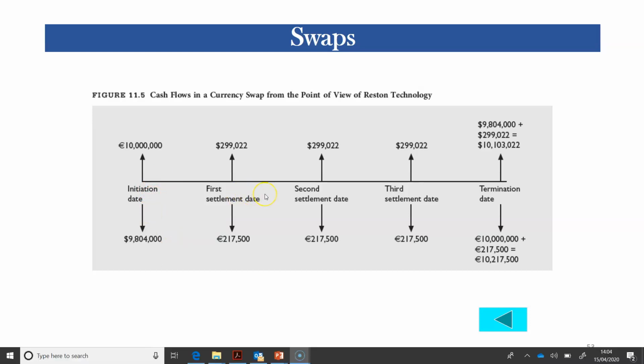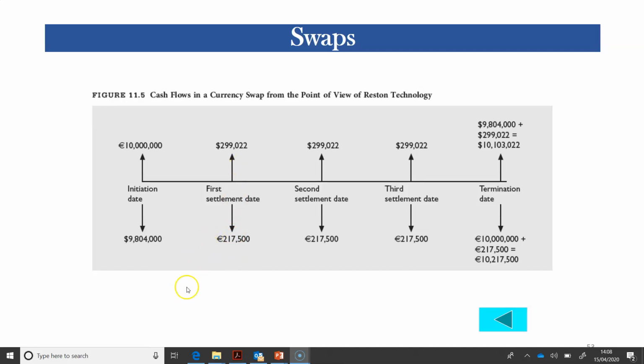Then on each settlement date, Reston Technologies pays 4.35% euro rate on 10 million euros and receives 6.1% US rate on $9.804 million. The up arrow indicates cash inflow and the down arrow indicates cash outflow for Reston Technology.